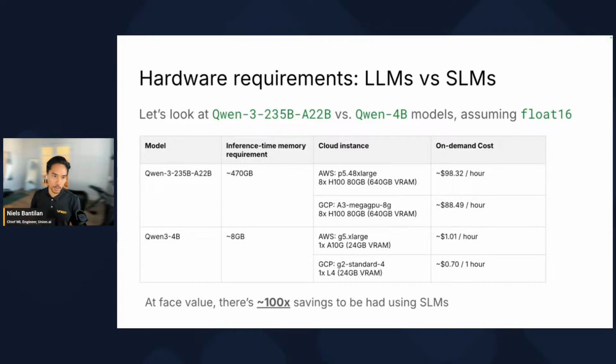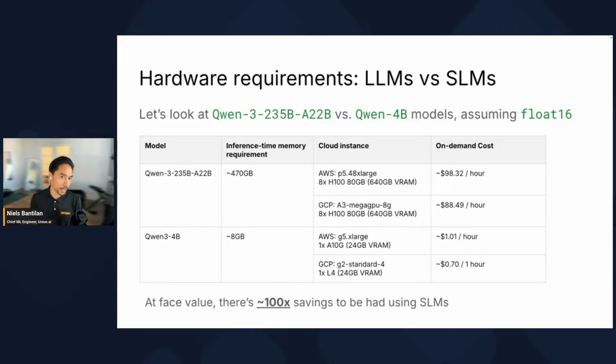So just to give you a sense of that last point, let's take a look at some of the hardware requirements and compare, let's say, a Qwen 3 235 billion mixture of experts model versus a Qwen 4 billion model.